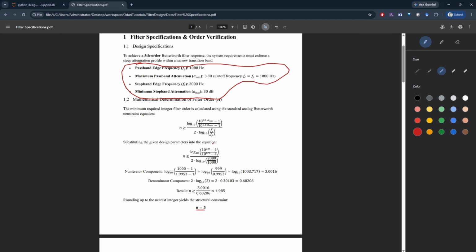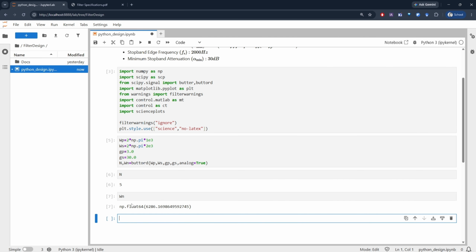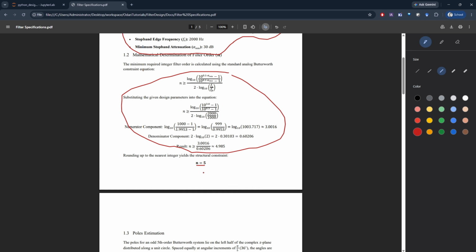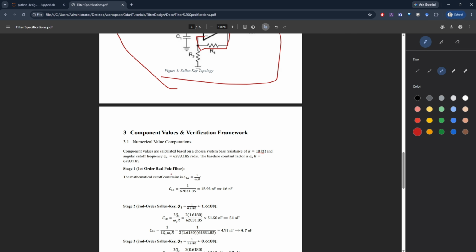The filter order is 5. So you can see all this calculation. You don't need to do it, because you have such kind of technology currently. So you see that the NP is equal to 62.86, and this is what we got here as 62.83.